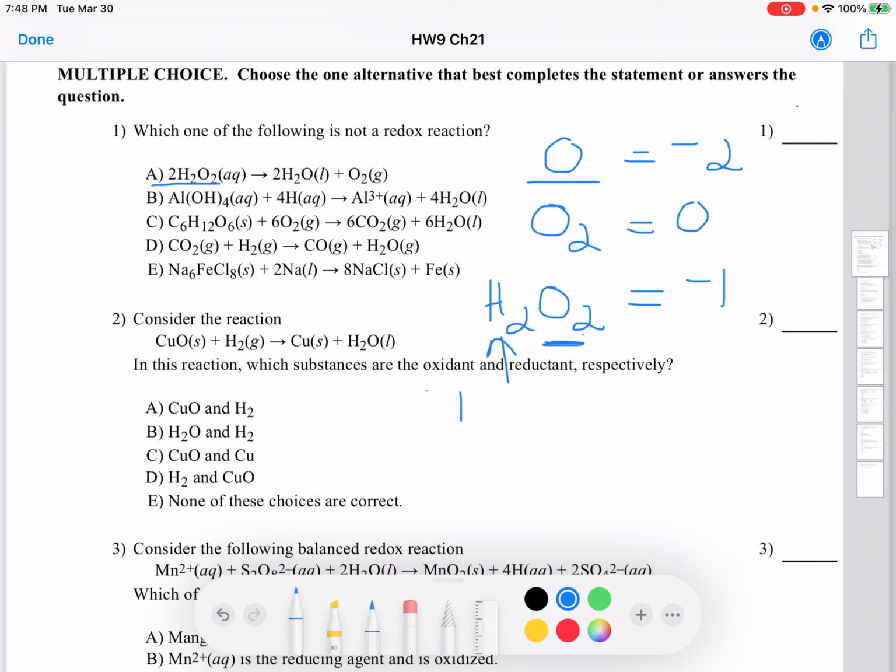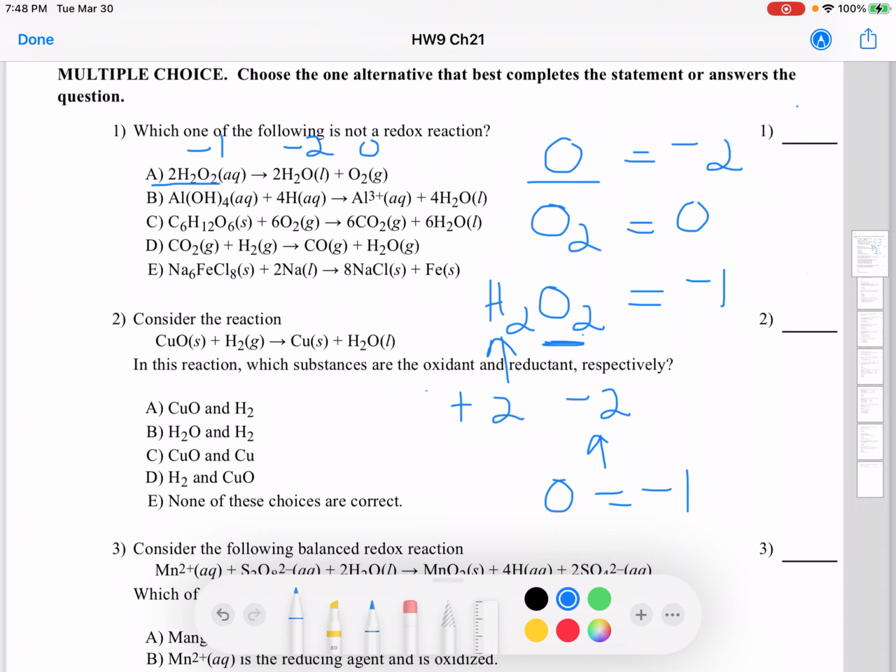There are two of those, so +2, so the oxygens need to total -2. There are two oxygens, so each one will be -1. So in hydrogen peroxide the oxygen oxidation number is -1, in water it is -2, and in oxygen by itself it is 0.